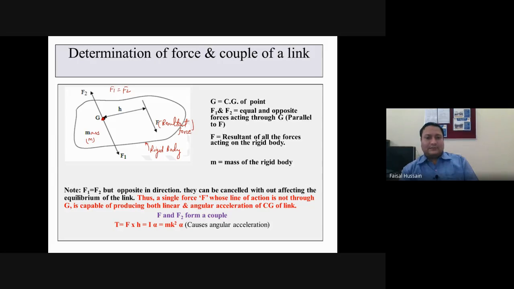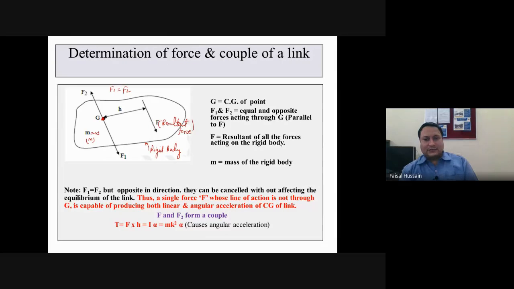If F1 and F2 cancel, this independent resultant force will be capable of producing the accelerations.